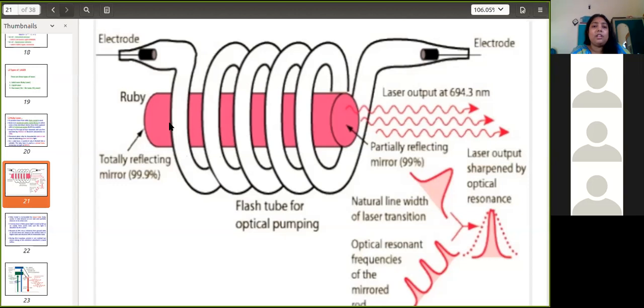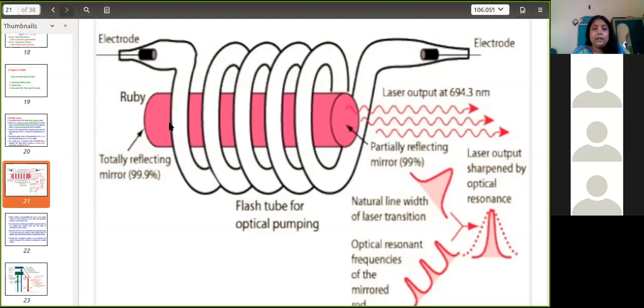Then एक spontaneous emission जब हो जाए, that photon will trigger other emissions which will be stimulated emission. The direction, frequency, amplitude, phase of the stimulated photons will be same as the incident photon or the first photon.